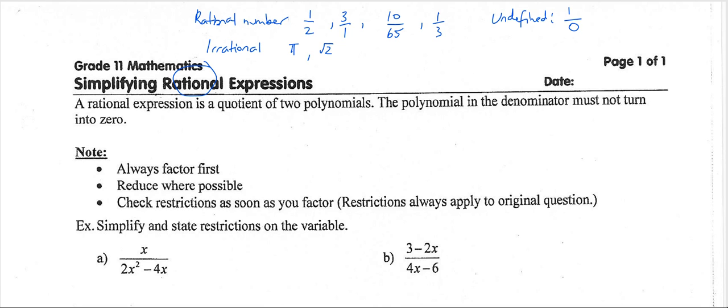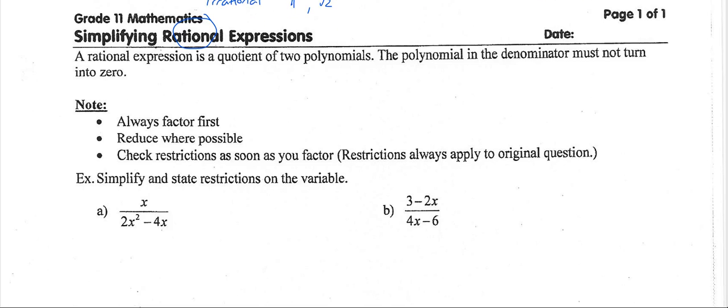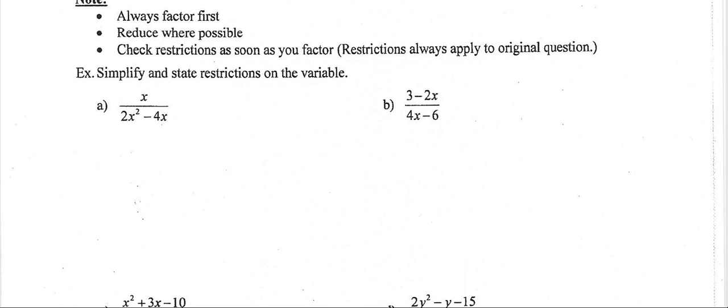Same thing with algebra. So I'm just going to take you through this course pack page, and we're going to simplify some of these expressions. So we'll talk about restrictions as well. So we'll look at A, and for A, we're going to look at how do I simplify this?